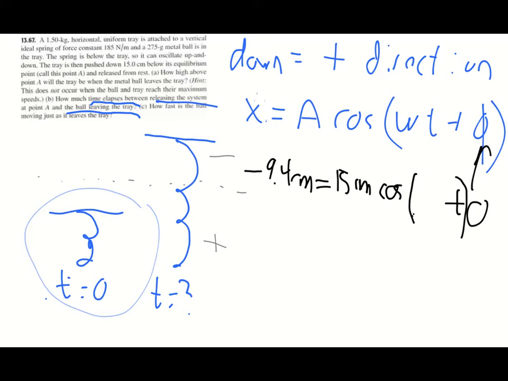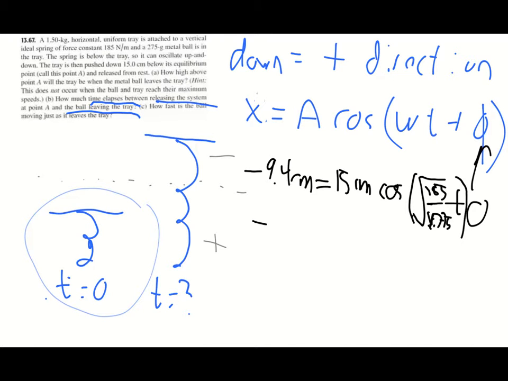Remember, omega is going to be the root of k over m, which in this case is 185 divided by 1.775. Remember, I have to take those and add all those together. Okay, so I put all that down. I end up dividing both sides.